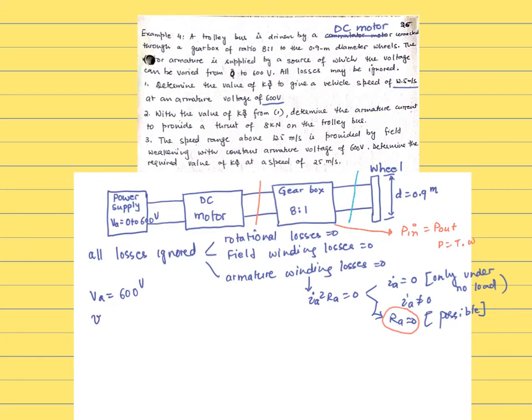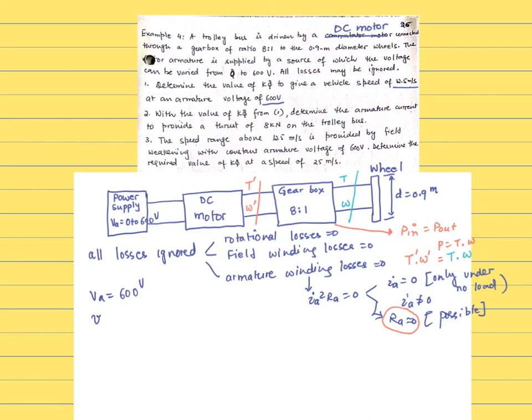So if here is the torque T, here is the speed omega, and here the torque is T prime and the speed is omega prime, then from this equation P input remains P output, so you're going to have T prime times omega prime equals T times omega.